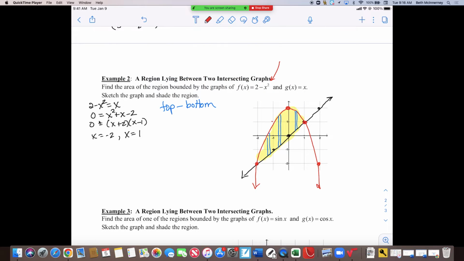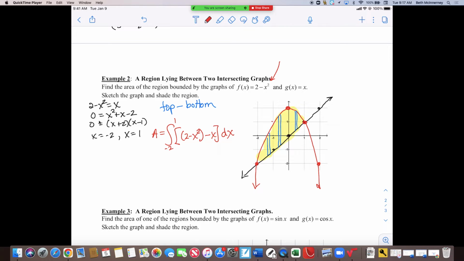All right, discuss at your tables just your setup. See if everybody got the same setup. All right, so this should be the initial piece.